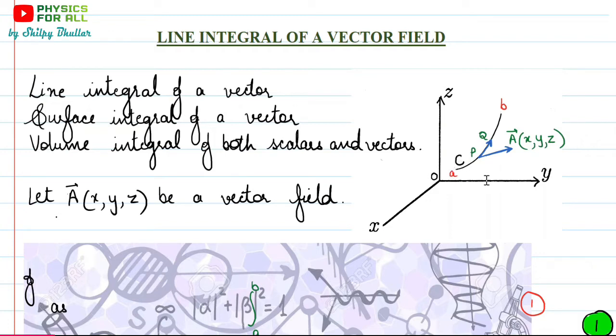Now if we have to find value over this entire path, okay, if we say that there is a vector function spread over some region, but we want to know how it is working over this particular region only. We are not concerned with all the space. We are only concerned with a particular region, and that region is this line which has been drawn, or the curve which has been drawn.